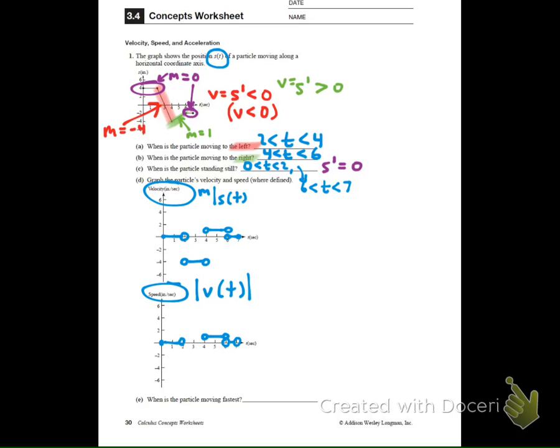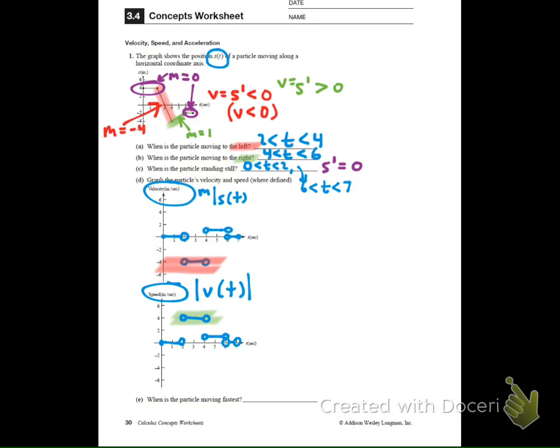The only part that changes is right down here where the velocity is negative. When the velocity is negative, the absolute value of the velocity is positive. That's the only thing that changes between the graph of the velocity and the graph of the speed. If the velocity is negative 4, the speed is positive 4. So there you have it.